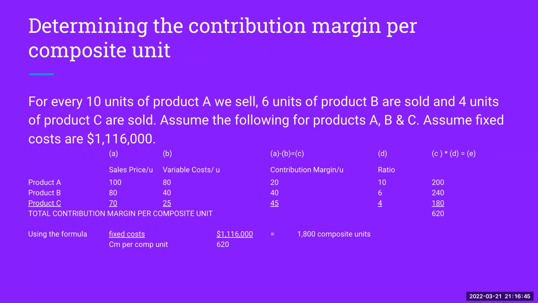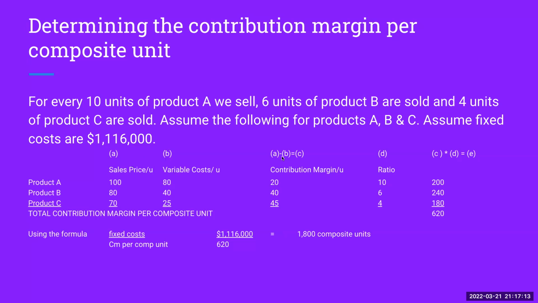Now, to determine the contribution margin per composite unit, I need to look at each product individually and figure out its contribution margin. For product A, we have a sales price of 100 and a variable cost of 80, which means my contribution margin per unit is 20.